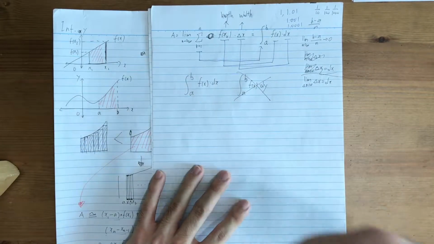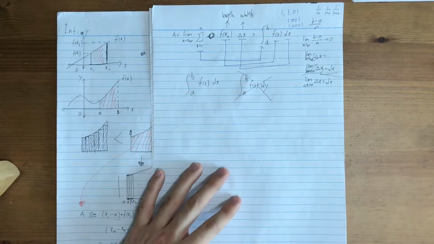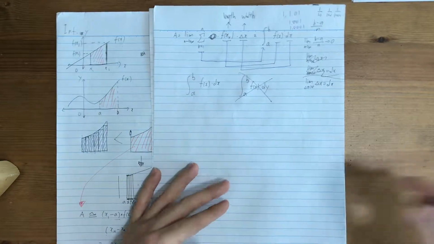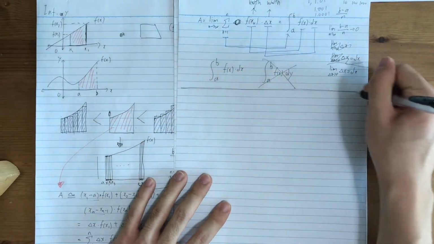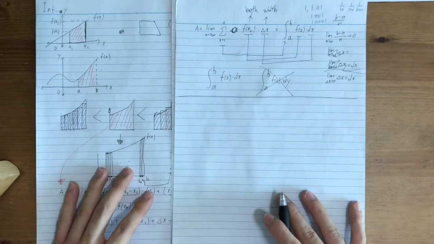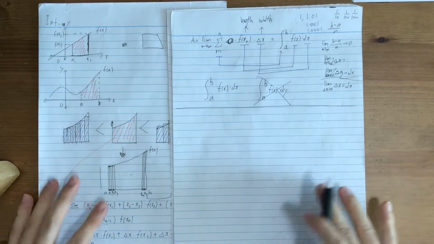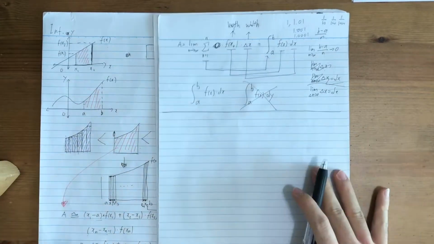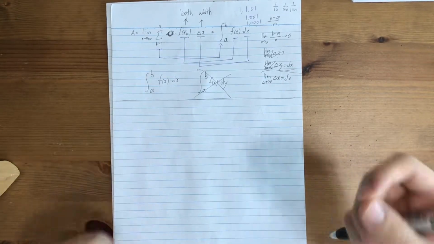For integration, you will have a lot of methods to do this, and I will talk about them later. So that's the definition of integration. And now the hard things are done. Whenever you learn something new, the definition is the hardest. Since the definition is over, everything should be easier now.